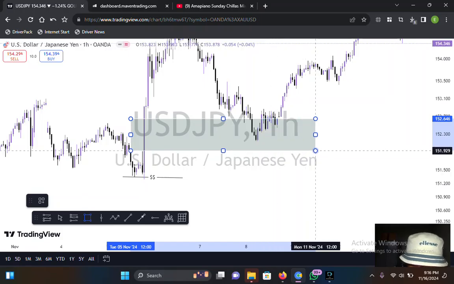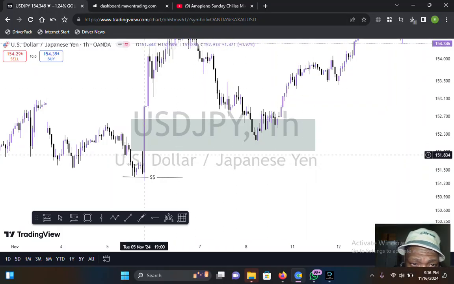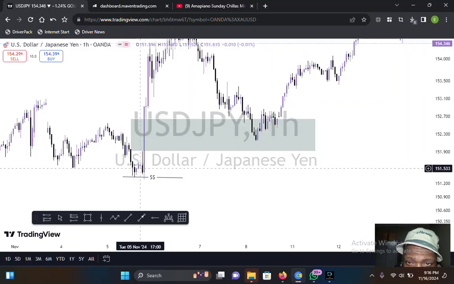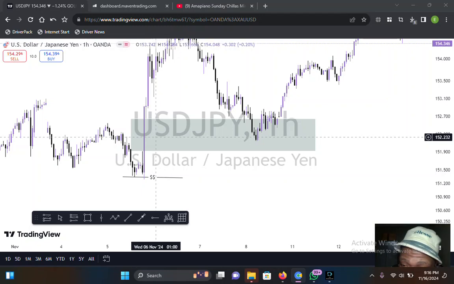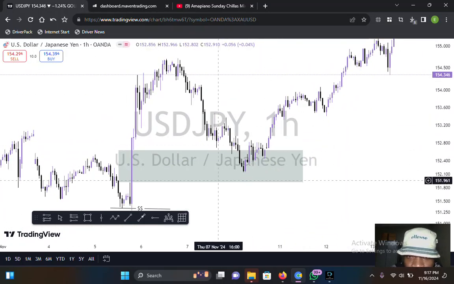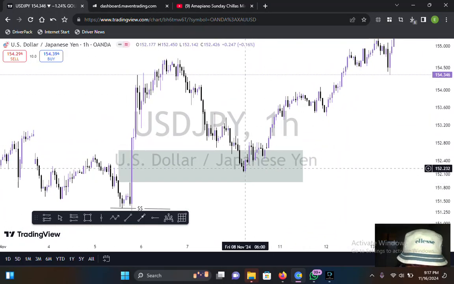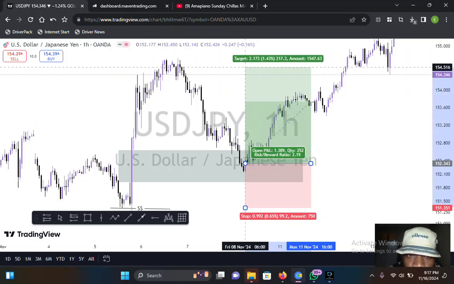So in this case, the order block didn't work, because price created a huge fair value gap. So what did price do here? It came to fill this fair value gap. Here you target this zone.